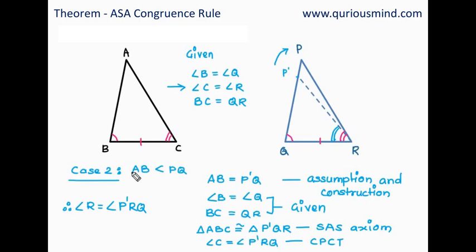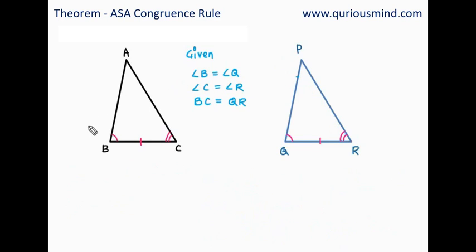Now let's talk about case 3. AB is greater than PQ. That means there must be some point here, A dash, such that A dash B is equal to PQ.